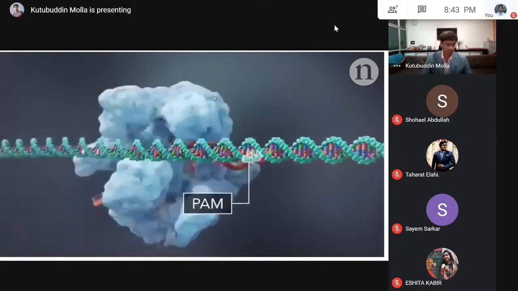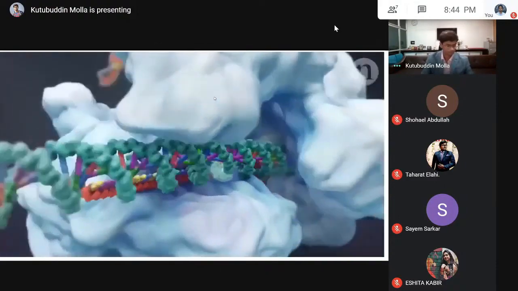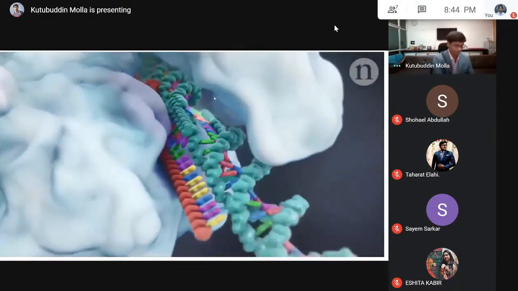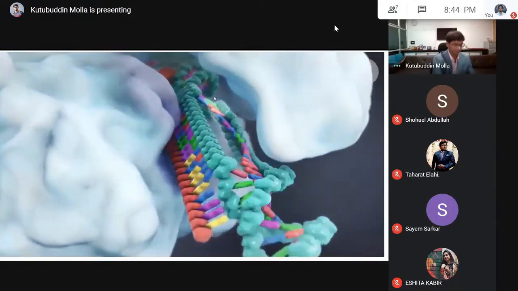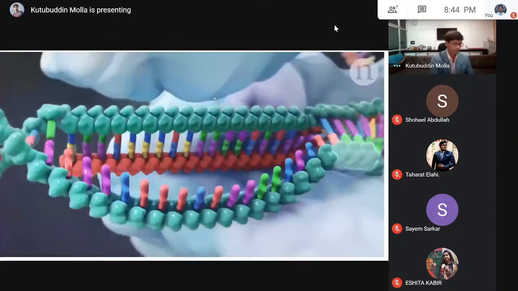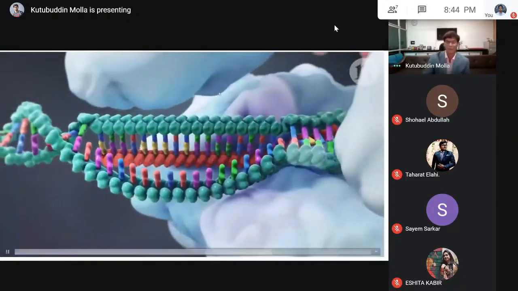Once the PAM is bound, the guide RNA unwinds part of the double helix. The RNA strand is designed to match and bind a particular sequence in the DNA. Once it has found the correct sequence, Cas9 can cut the DNA. Its two nuclease domains each make a nick, leading to a double-strand break.